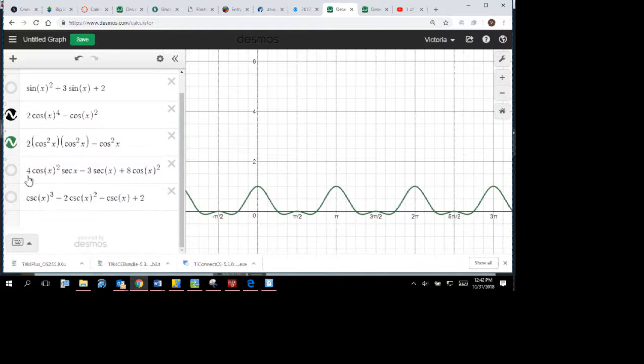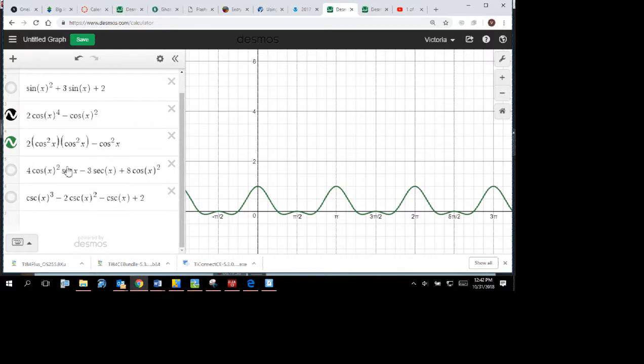So it liked it when I typed it in this way, where I typed in 2 cosine squared x multiplied by cosine squared x, which is cosine to the 4th x. So it was okay when I put it in parentheses. But yeah, that would be the only tricky thing about using Desmos, making sure you're typing it in a way it likes. But I don't know if you noticed, it told me that there was an error, and when I clicked on it, it told me what to do.